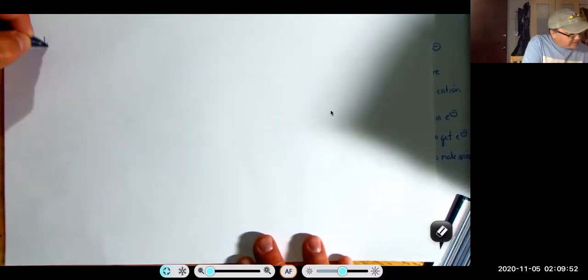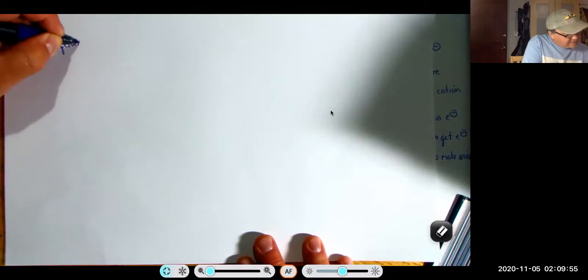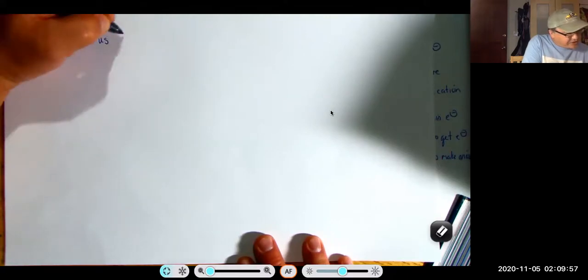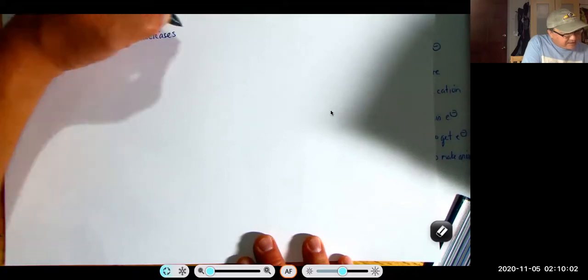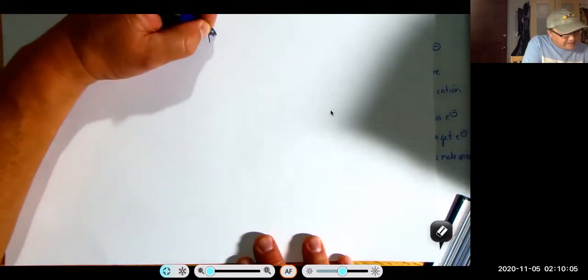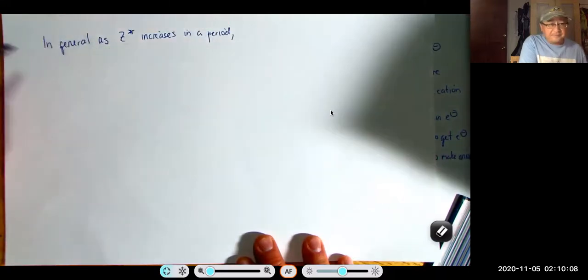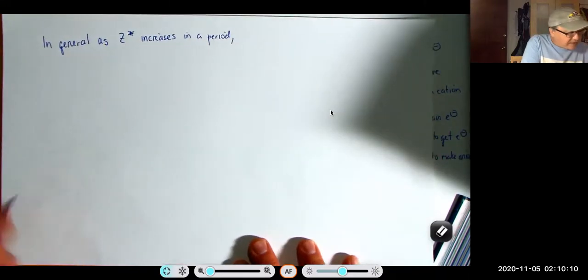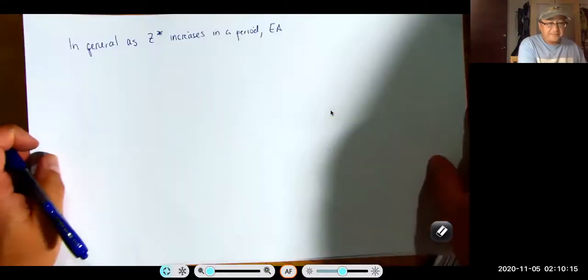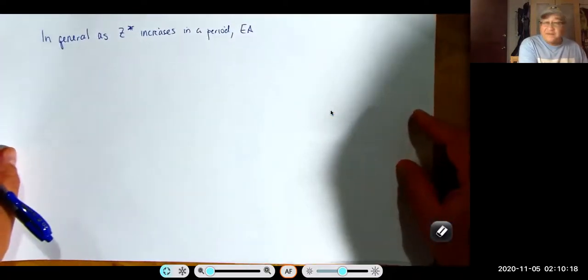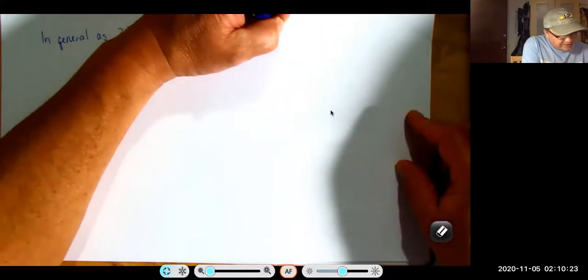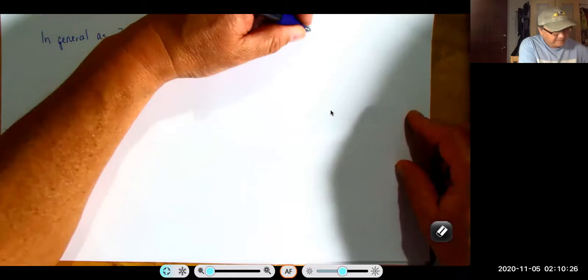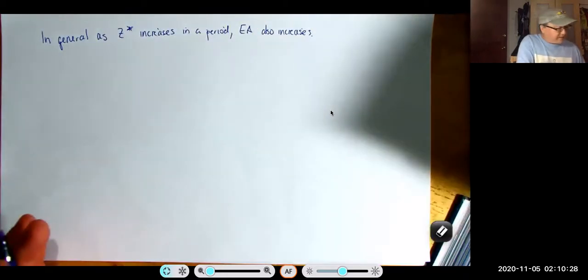In general, as Z star increases in a period, electron affinity also increases. Okay, so that's the general trend.